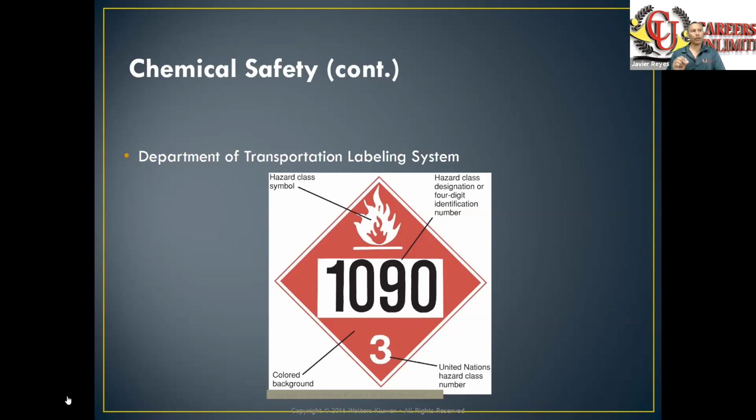Is it flammable? What is that four number? What does the color on the square mean? These numbers all have a meaning, but as soon as we see a fire symbol, we know we should probably stay our distance.